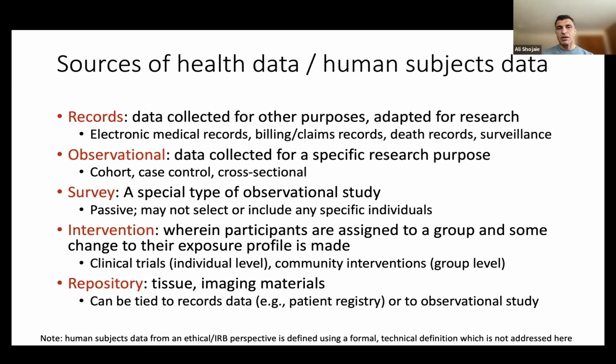You could have survey data. These are usually passive data collections that may or may not include specific individuals. So it could be surveys that are collected at regional levels. For example, for zip codes, where you would assume that people in that zip code have the same environment, broadly speaking, so you could use that data.